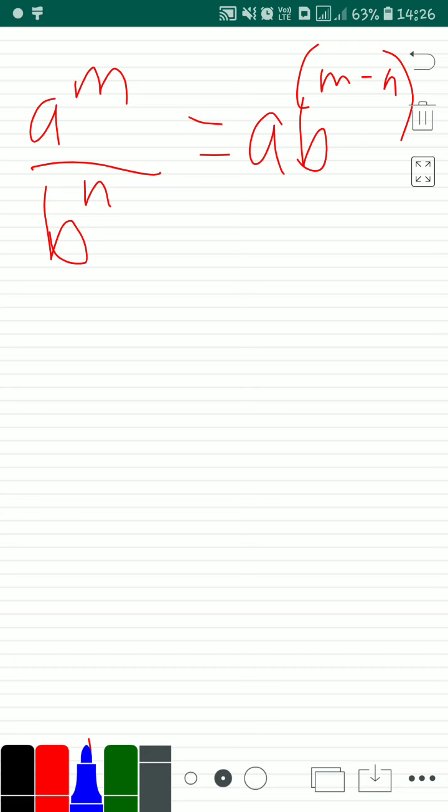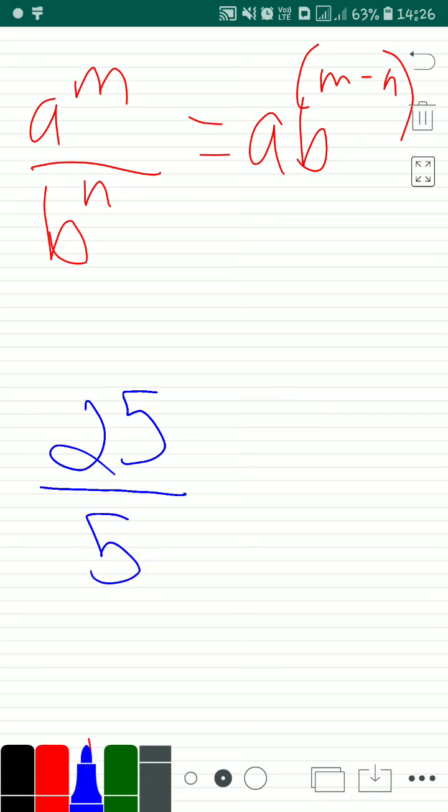For example, if my a is 25 and my b is 5 and my m will be 2, my n will be different because m and n are not the same. So my n will be 3, so it is equal to the answer of a/b, that is a divided by b, that will be 5.